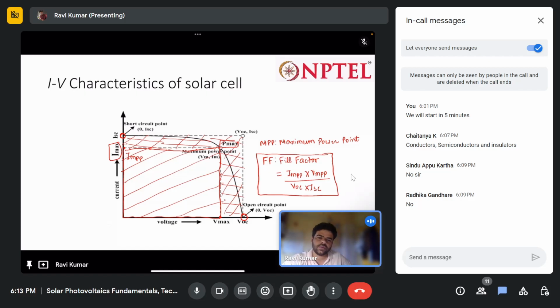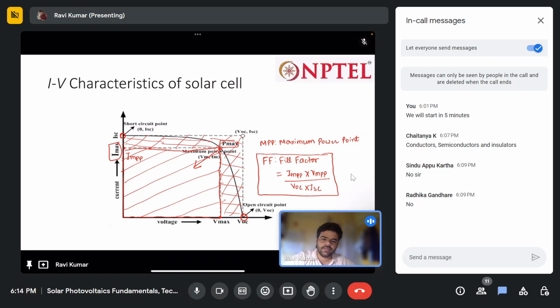So this is an important term, because sometimes the maximum power point drops, but our ISC and VOC remain constant. Even if the ISC and VOC of a solar cell are the same, we may not be able to extract the required maximum power from the solar cell.